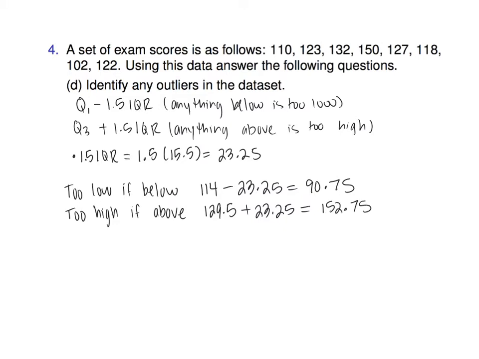So that 150 is close, but no cigar. So thus there are no outliers. So I will expect you to make some kind of conclusion. The things I'm looking for here is the conclusion, and I need to see that you have the too high and the too low bounds correct.